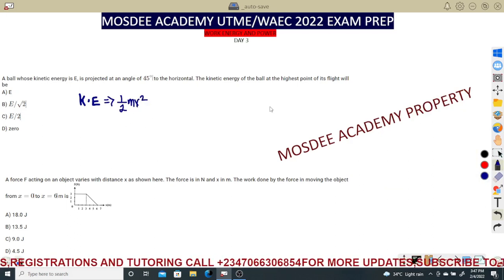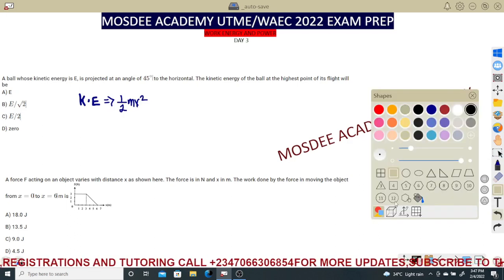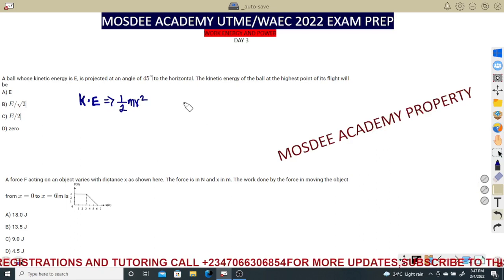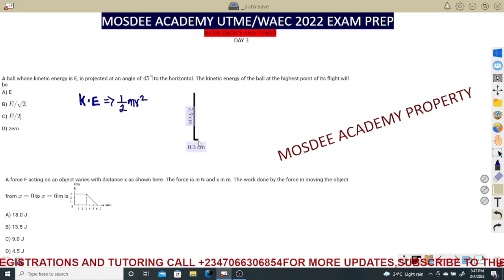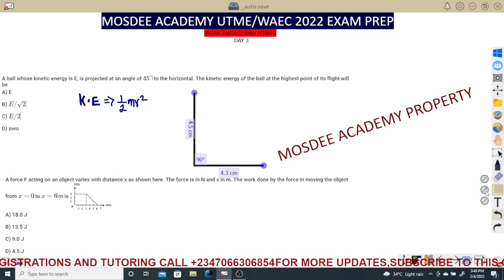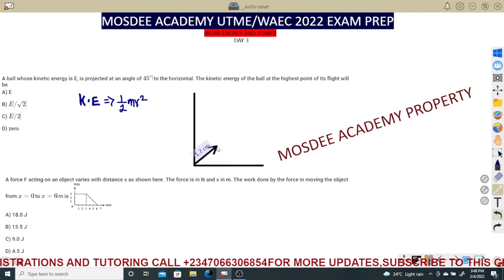Now, if the body is projected the way the examiner told us, projectile motion is a kind of parabolic motion you might have studied before in your junior classes. The body was projected with an initial velocity.